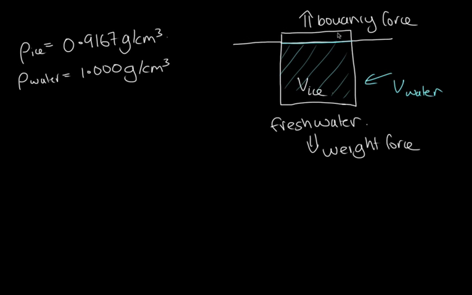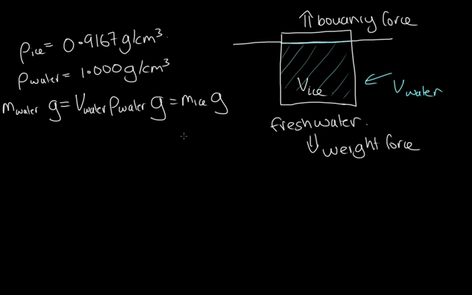So the buoyancy force is equal to the mass of the water displaced times G, which is equal to the volume of the water displaced times the density of the water times G. And the weight force for the ice block is just equal to the mass of the ice times G, which is once again just equal to the volume of the ice block times the density of the ice times G.